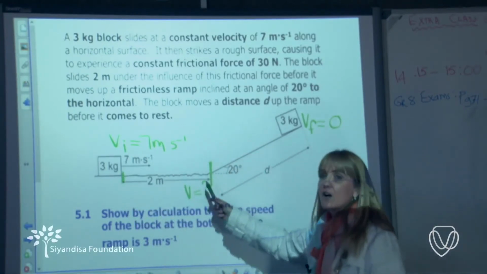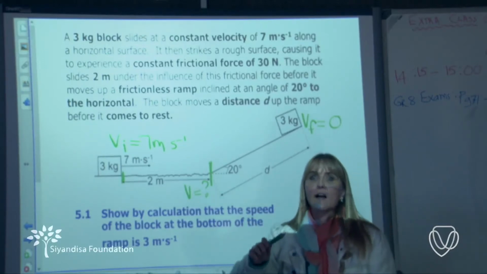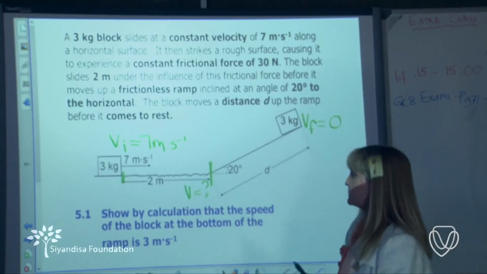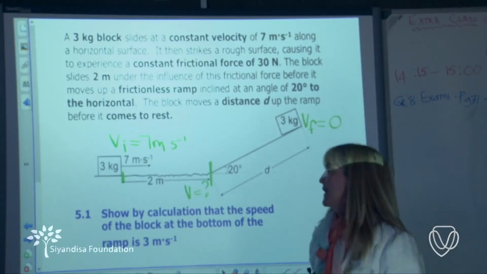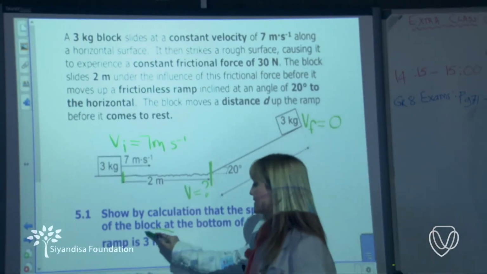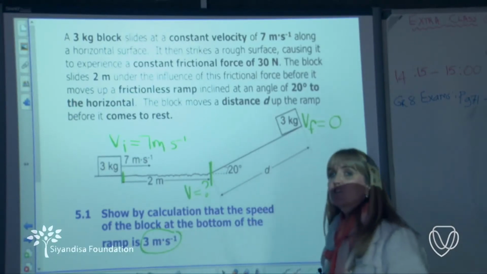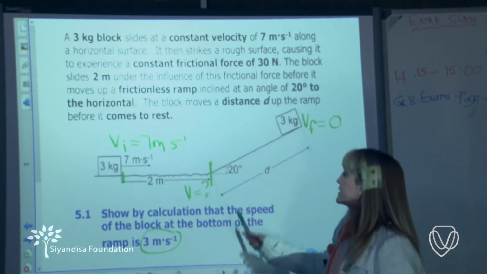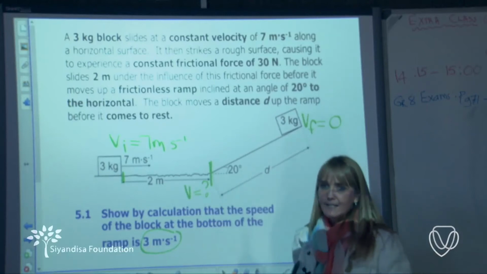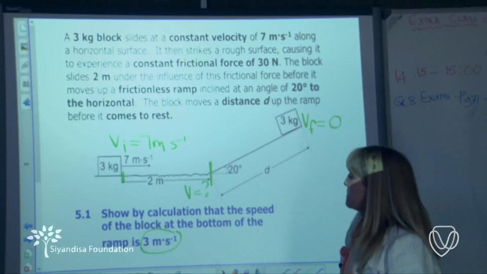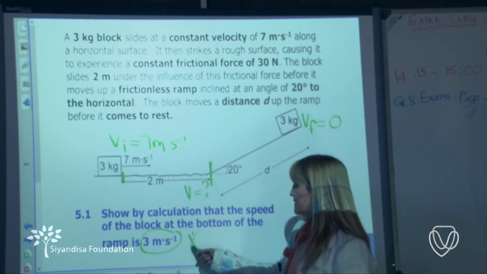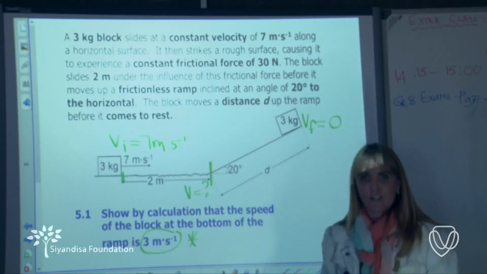What is its velocity after traveling 2 meters across that section? Now, the biggest confusion always comes in with this 3 meters per second. They are saying, show by calculation that the velocity at that point is 3 meters per second. But now the question is, may I use that value in my calculation?